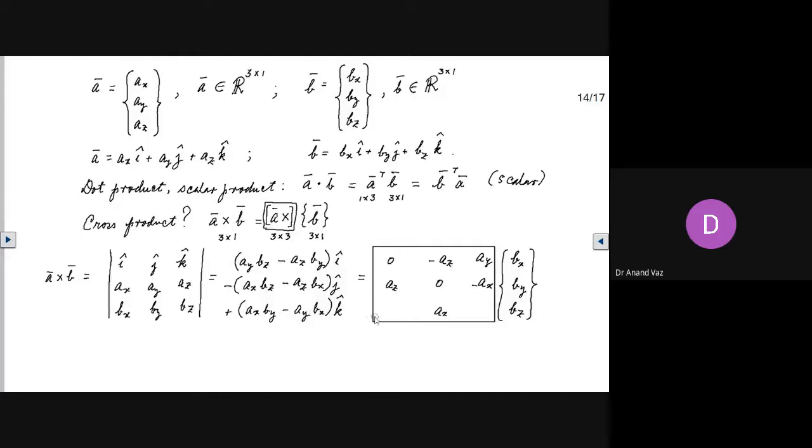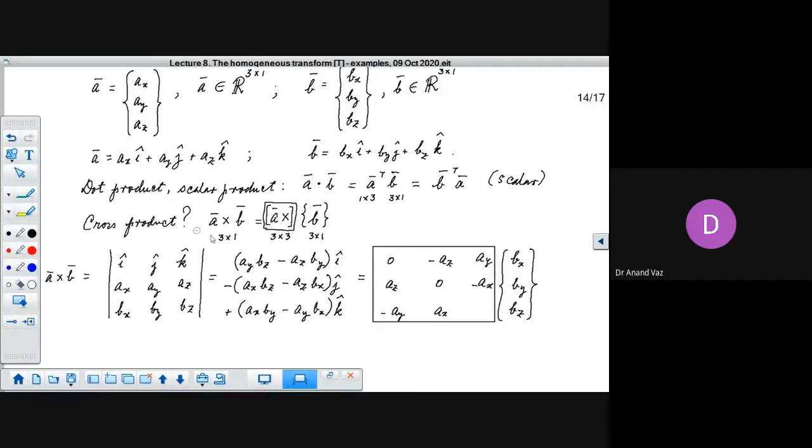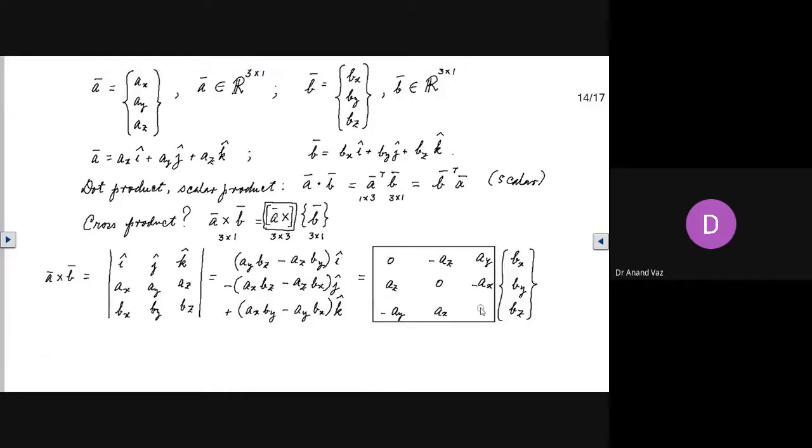So this will be minus ay into bx, and here you will have 0. So you can see it is minus ay bx plus ax by plus 0.